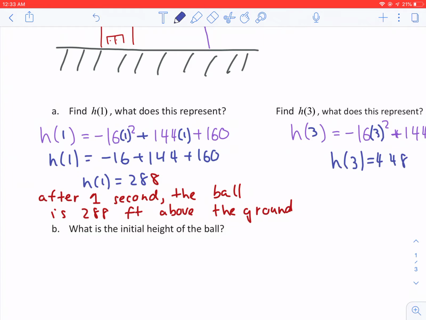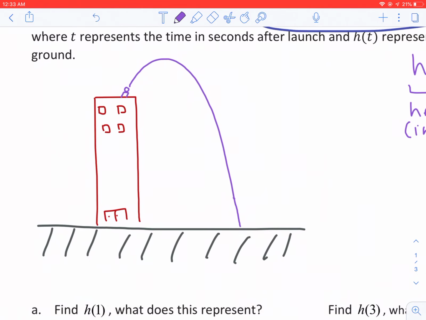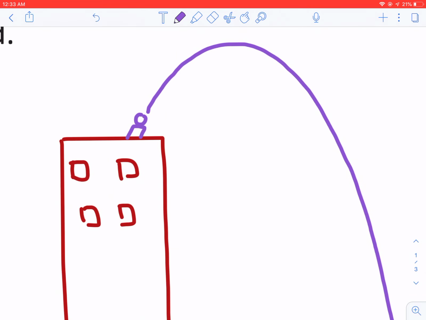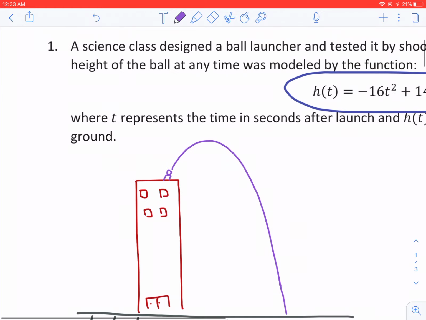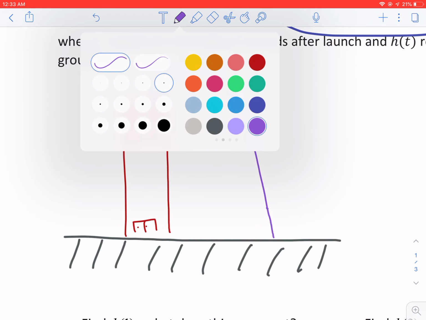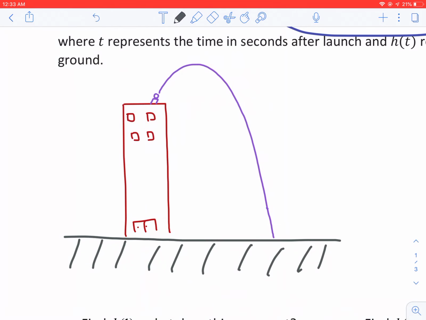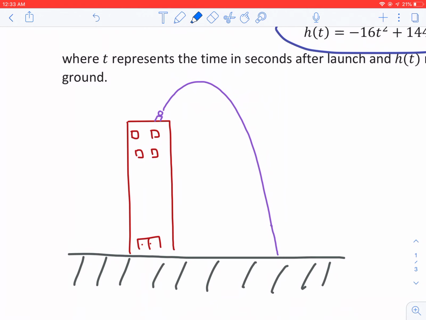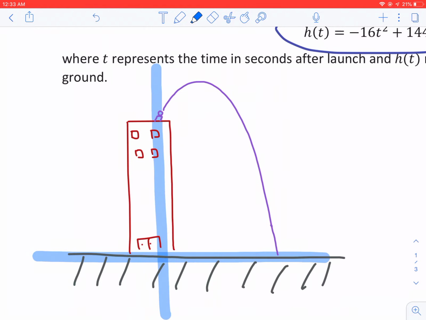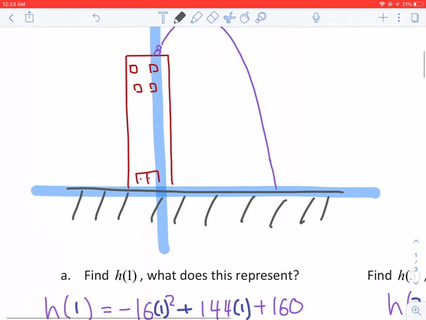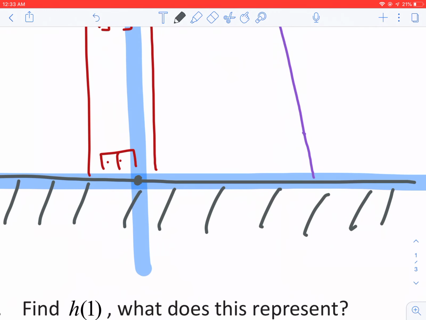Alright, so what is the initial height of the ball? What do we mean by initial height? Well, we mean the height at the very beginning, the height right here. So if we imagine this with an XY axis drawn in, I'm going to draw my y-axis so it goes straight through the ball launcher, because I think it makes sense to call that time 0.